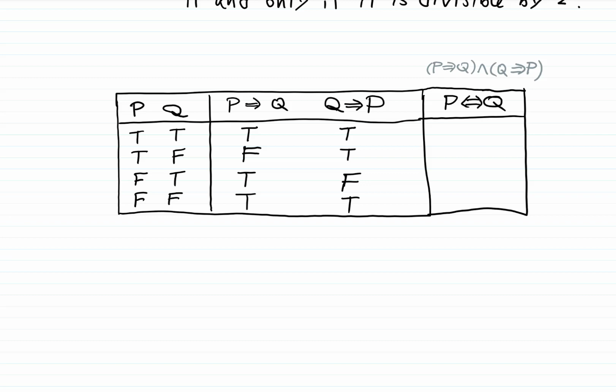So look at the first row. P implies Q is true. Q implies P is true. So their conjunction is true. Look at the fourth row. P implies Q is true. Q implies P is true. So their conjunction is true.